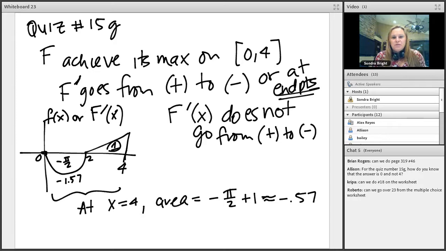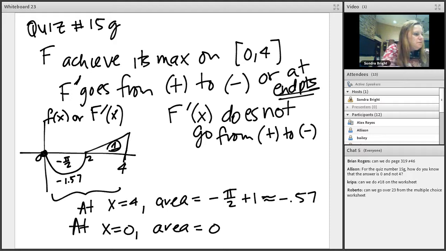And so that's still bigger than at 0, where the area is 0. And so the maximum is happening at x equals 0 because 0 is bigger than a negative number. Number 18 from the multiple choice worksheet, I'm assuming.